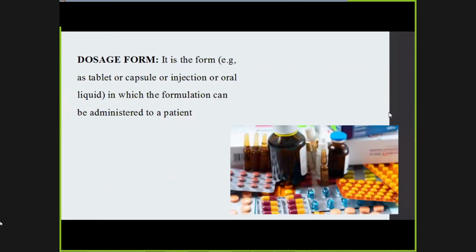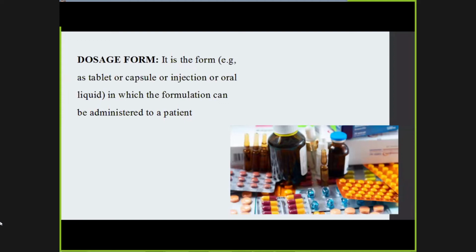Coming to dosage forms, you must have seen various dosage forms in your day-to-day life, like tablets, various capsules, hard capsules, soft capsules, and then topical preparations like cream, ointment, syrup, and suspensions. Then injectable preparations.